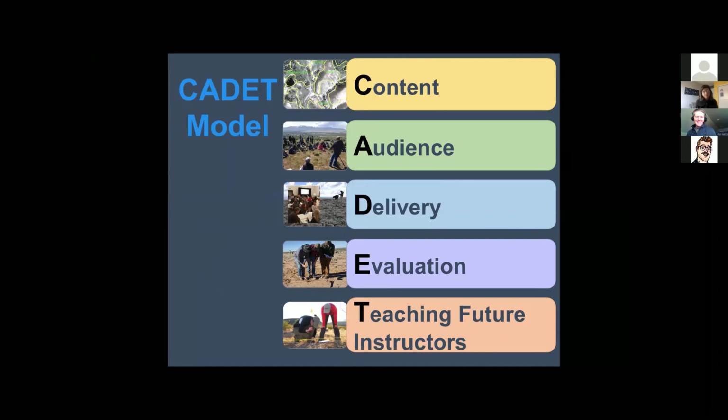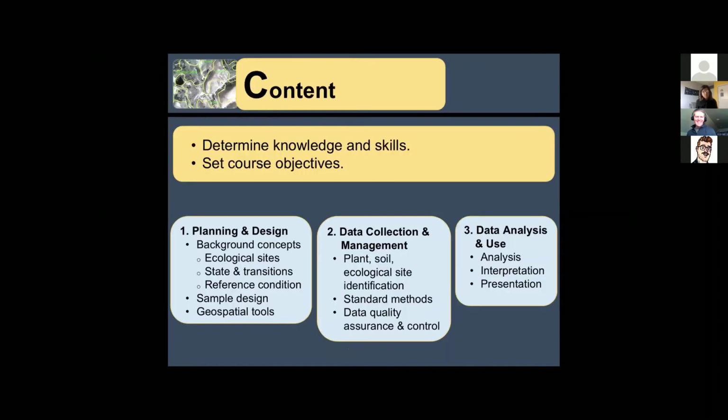the manuscript. So the first step is determining the course content, and you need to figure out what are the monitoring knowledge and skills that the students need, and then set your appropriate course objectives. So in a monitoring course, you might think of there being 3 different components to a course, which is planning and design, data collection and management, and data analysis and use.